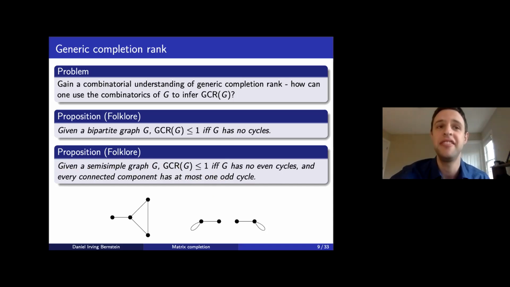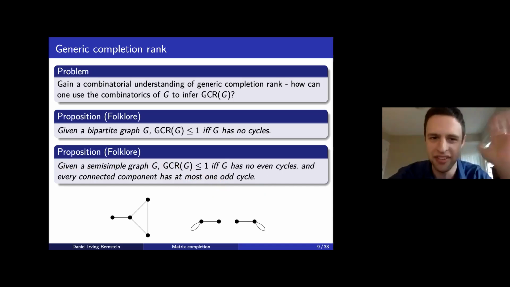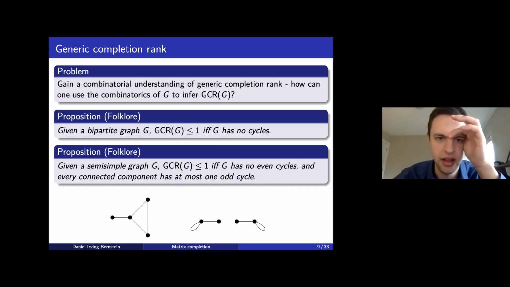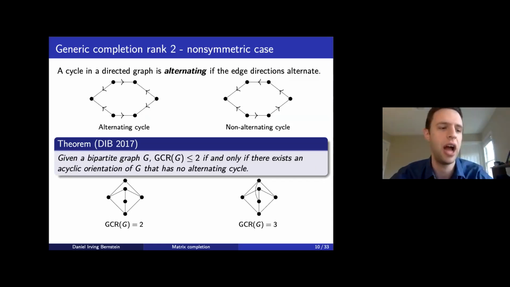Actually, this characterization falls apart if you do this over the reals, but you can characterize exactly what happens. That's in a paper of mine with Greg Buckerman and Ki-Soon Lee. But yeah, I want to briefly go through what this looks like for rank 2.